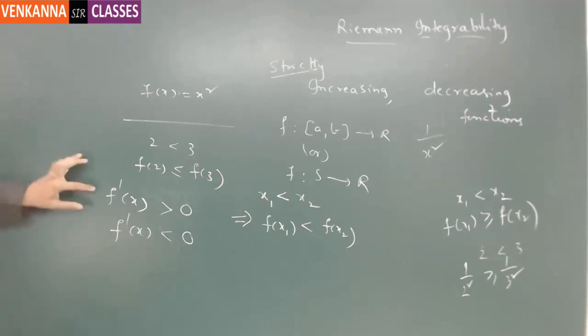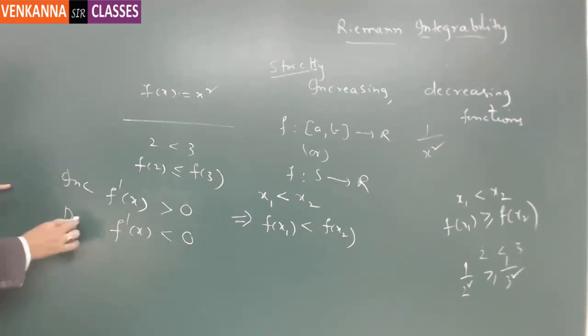I think this point is known to you. Otherwise, please take note of it. For increasing, it must be greater than 0. For decreasing, it must be less than 0. Fine.